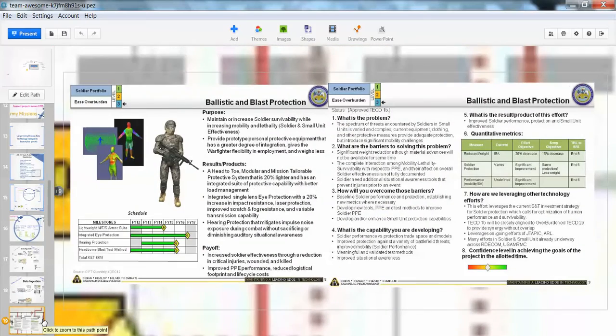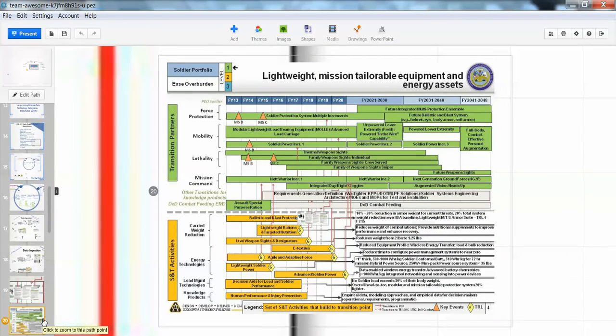Number one, as you know, we can go deep into a slide pack. That slide pack is in essence on this line right here as ballistic and blast protection. Obviously we would need the slide pack for each and every one of these, and that's where they nest. So from a relationship standpoint, I know it fits here, and this provides me the relationship information for duration.